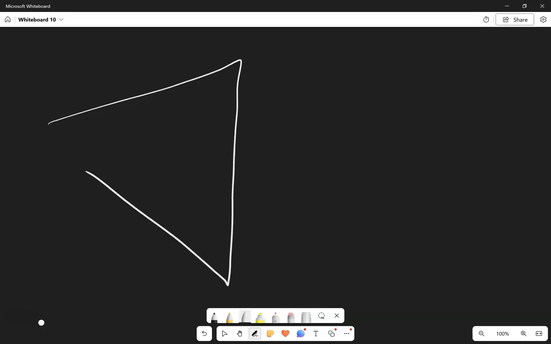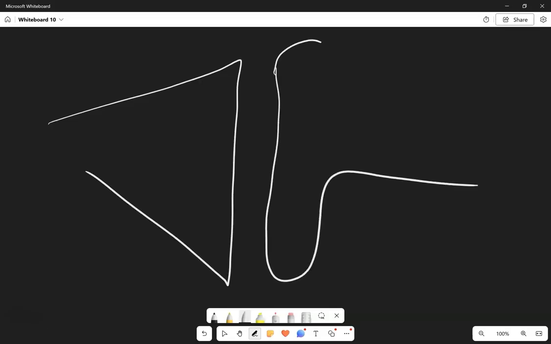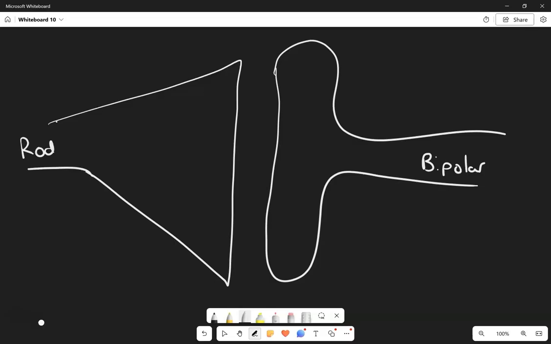We're going to move up a little bit, and we're going to draw our two cells now. We'll draw one like this, and then we'll draw the other one like this. Make it simple. So this is going to represent our bipolar cell, and this is going to represent our rod. Now inside of this rod, there are vesicles.